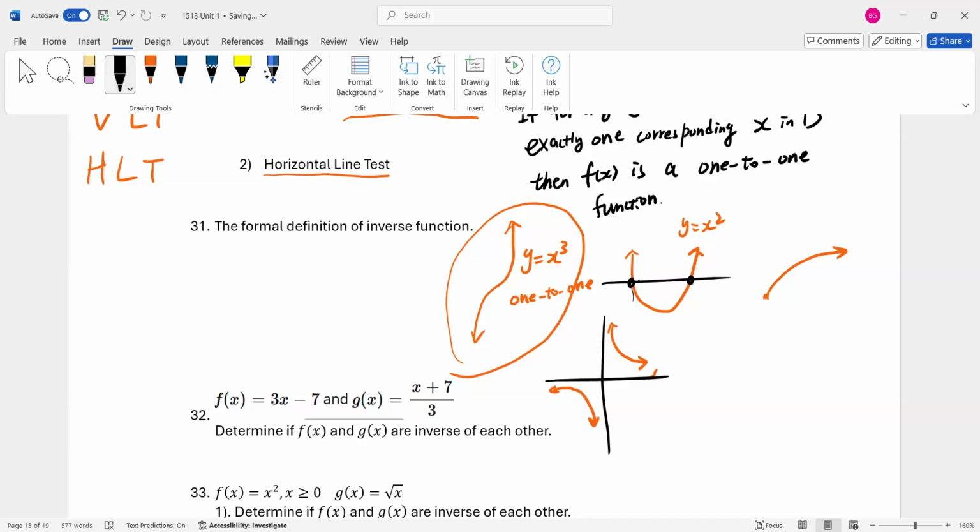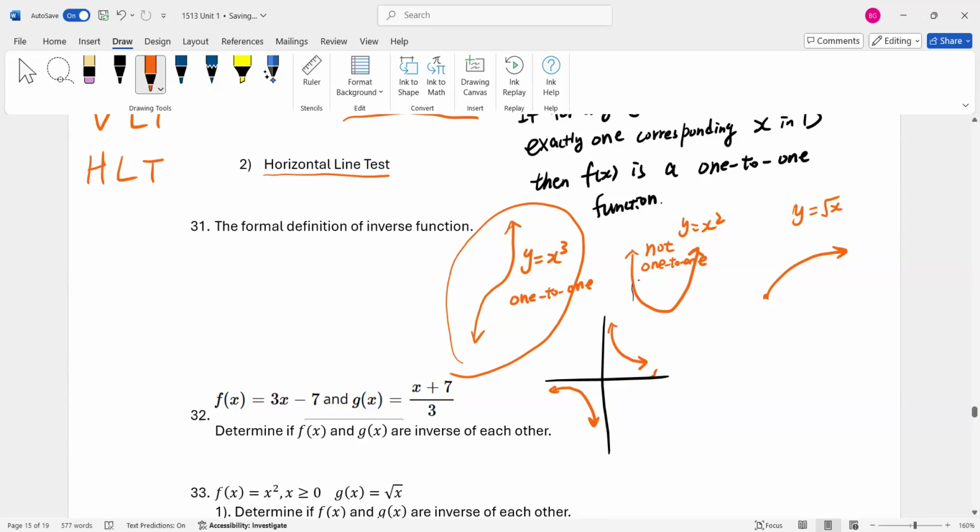So not one-to-one. So y equals x squared, the square function, is not one-to-one.